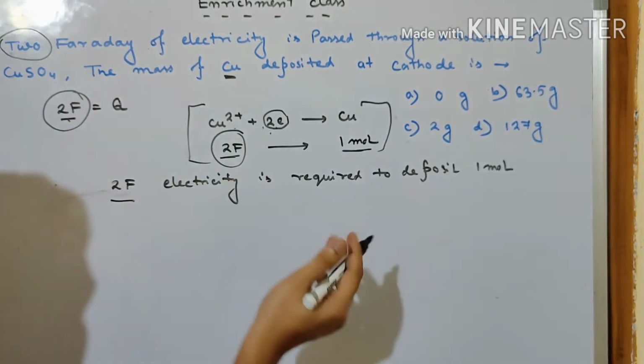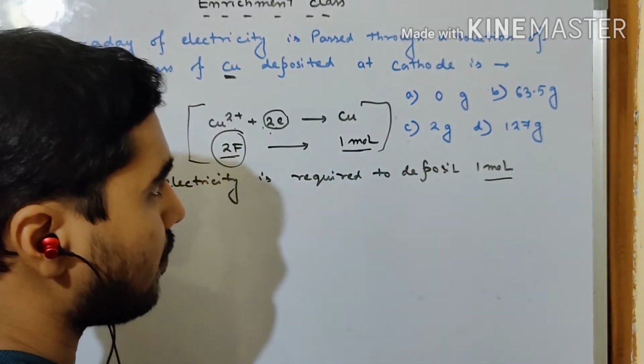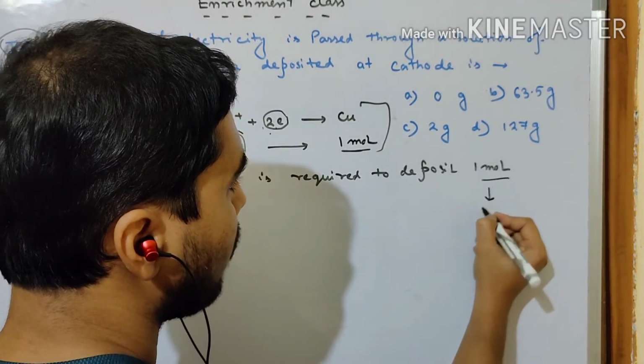So 2 Faraday will deposit how much? 1 mole. No need to calculate further. Very easy. And 1 mole of copper is how much?